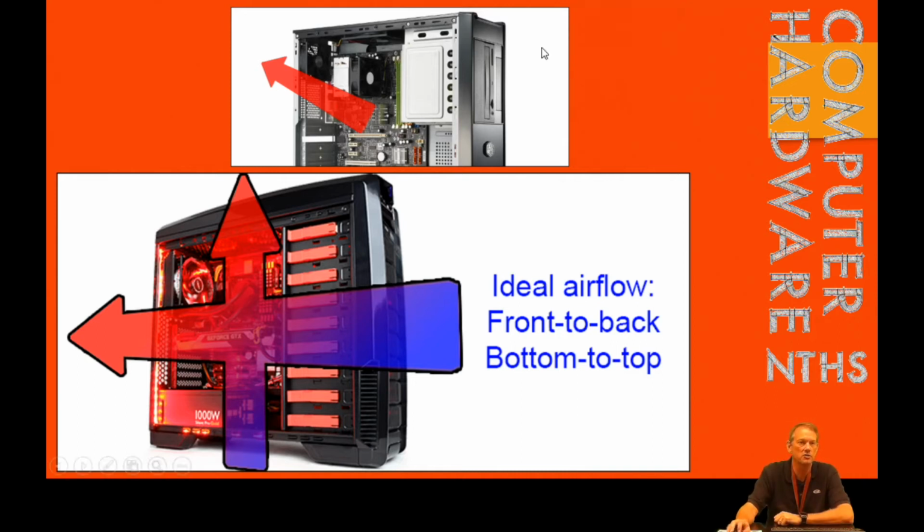Also, this picture up here denotes that the CPU fan should blow back toward whatever cooling is in the back of your case. That's all part of the ideal ATX case and ATX cooling. That's the direction of flow as air goes through a case. You can have fans on the front, the back, or the top.